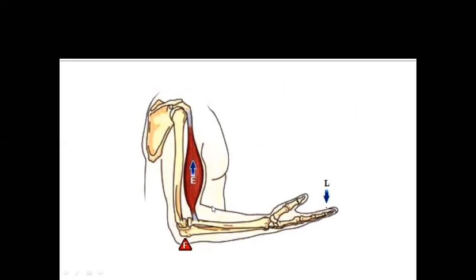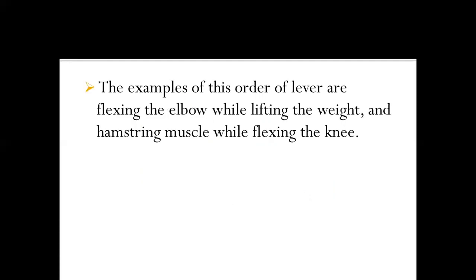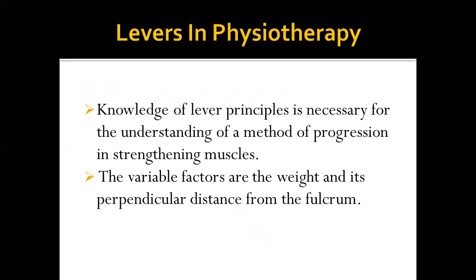The same way, if we take the example of knee flexion, then the fulcrum would be the knee joint. The weight or load would be the leg and foot, and the effort would be supplied from the contraction of the hamstring muscle. Now, levers in physiotherapy.